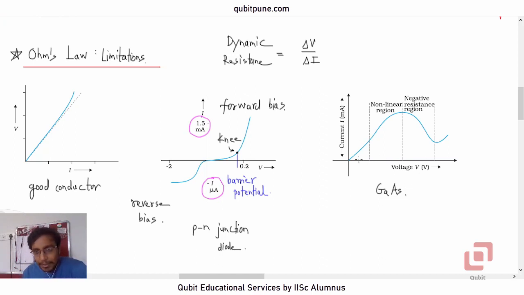Observation number 1 from this graph is, for the same current value, there exist two values of voltage, and both of them are clearly not equal to one another, and the current is also in the same direction.